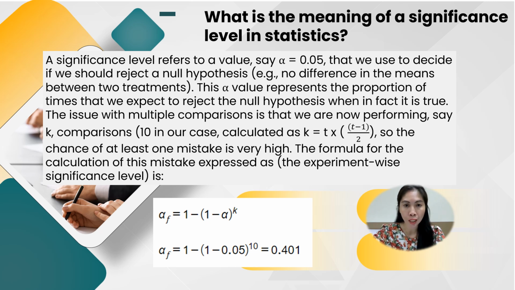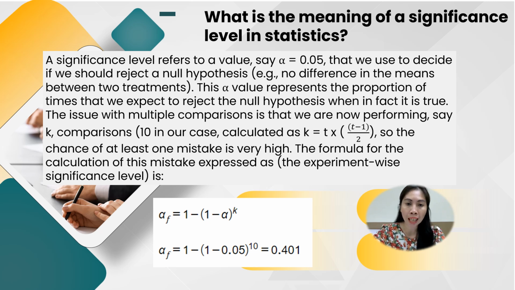This alpha value represents the proportion of times that we expect to reject the null hypothesis when in fact it is true. The issue with multiple comparison is that we are now performing, say, K comparisons, 10 in our case. So the chance of at least one mistake is very high.